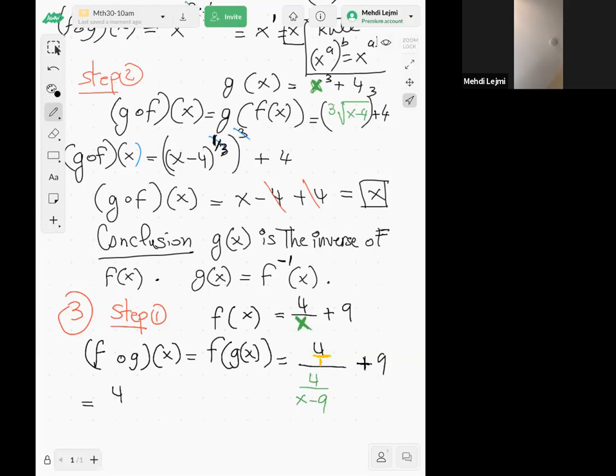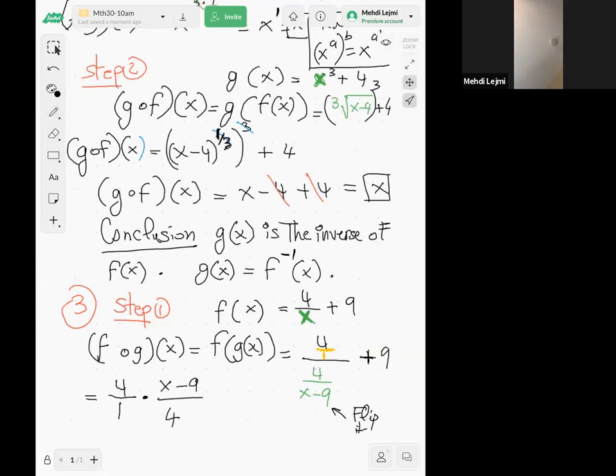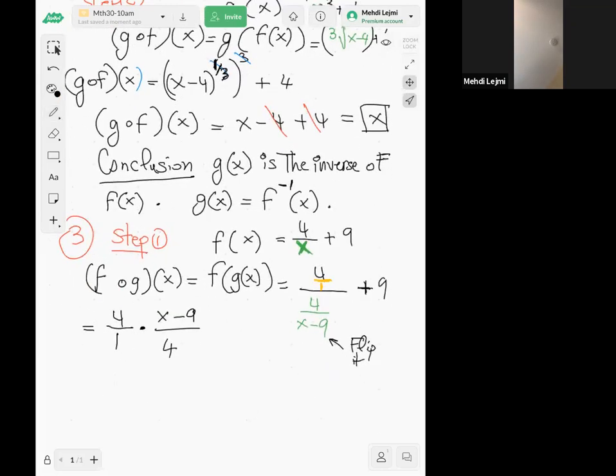So it's 4 over 1 times, and then you flip x minus 9 over 4, and then there's the plus 9 here.